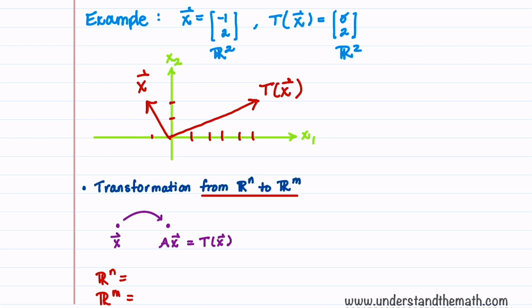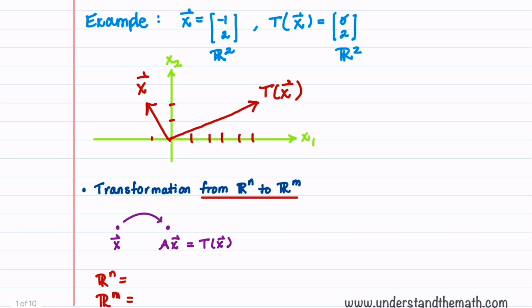In the picture here, we see that x is transformed into A of x or T of x. We can write this in another way. We can say that A times x, instead of writing T of x, is equal to b. Now let's look at the size.